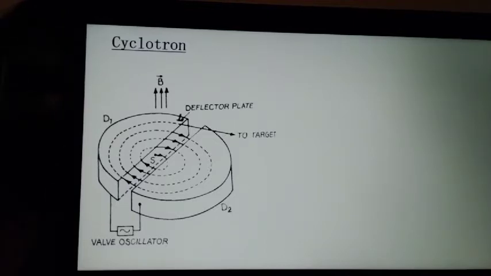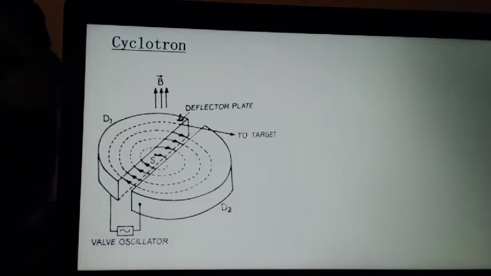At that moment, a positively charged particle comes out from the source. Since D2 is negatively charged, that charge will be accelerated towards, or attracted towards, D2.